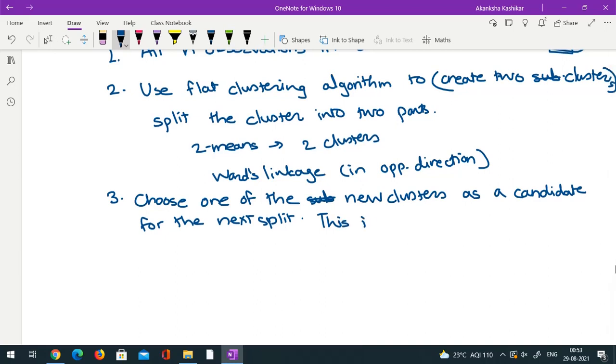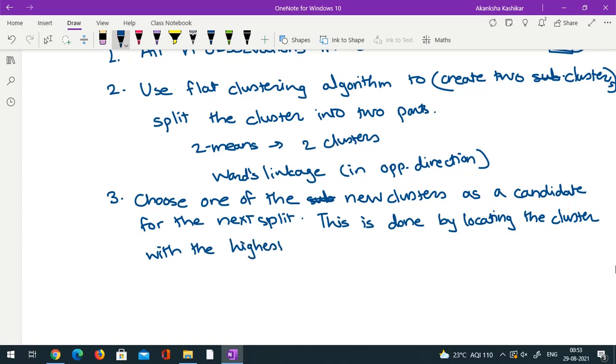This is done by locating the cluster with the highest error sum of squares among the current clusters.